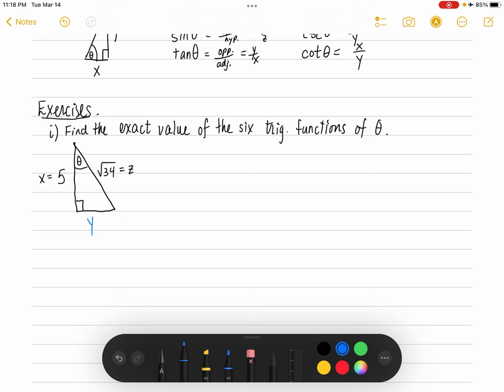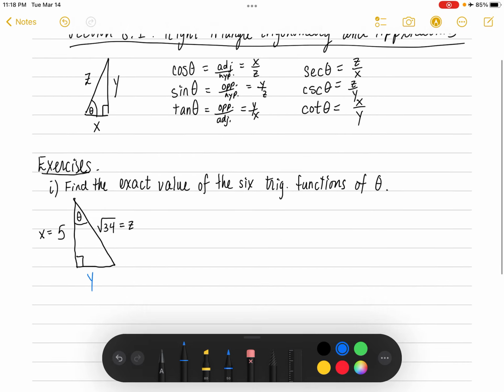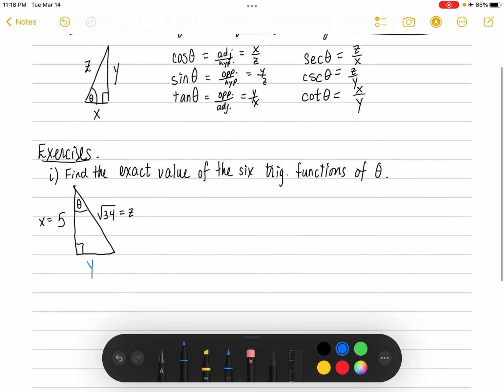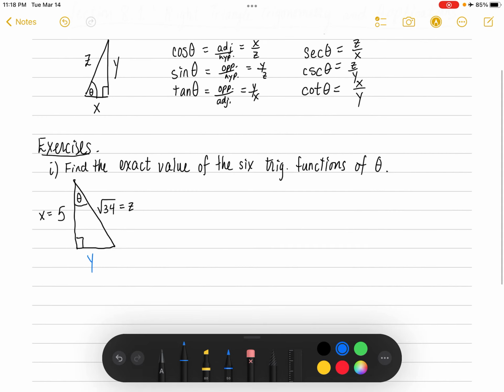So before we even start finding the values of the 6 trig functions, the cosine, sine, tangent, secant, cosecant, cotangent, let's find y. Let's complete the triangle. In order to do that, we can use the Pythagorean theorem, right?